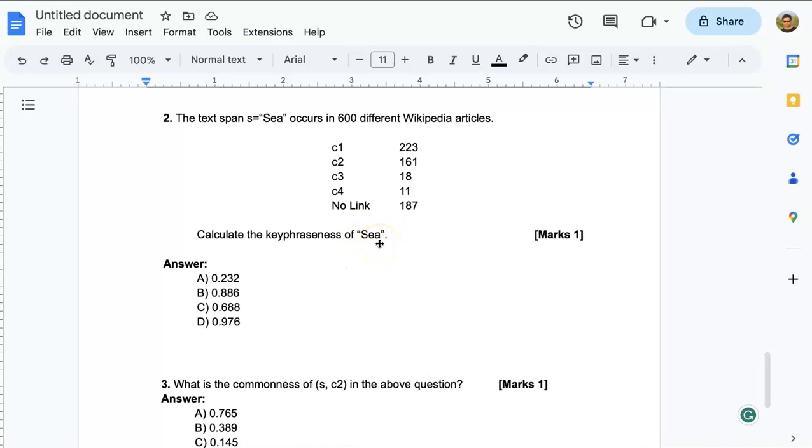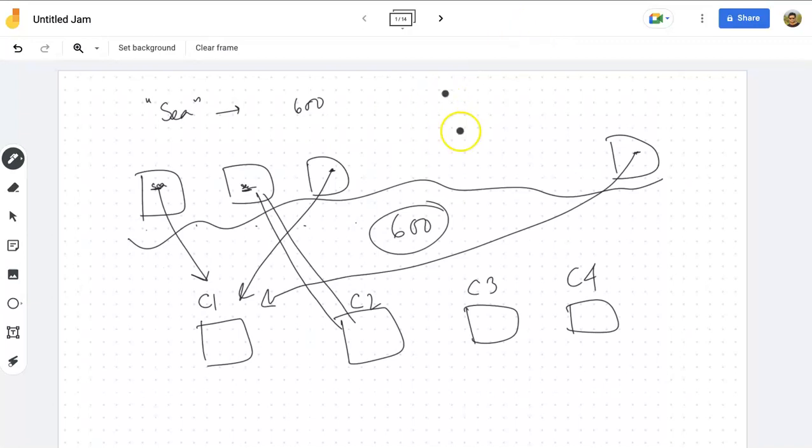If you remember the formula, it is quite easy. What is the keyphraseness formula? It is how many times a word occurred, and how many times it connected to some other Wikipedia page.